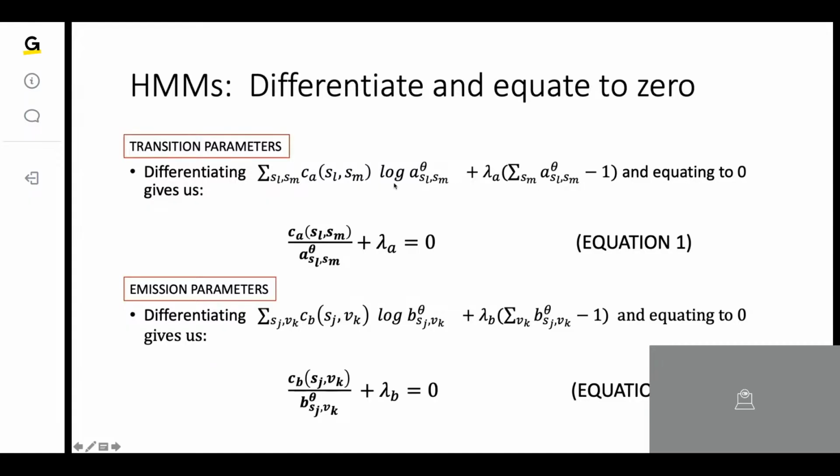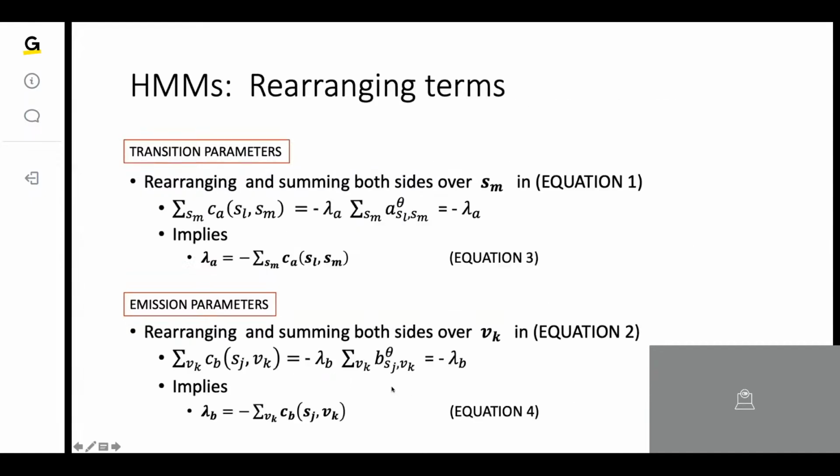So differentiating with respect to a_{sl,sm} will result in c(sl,sm) divided by a_{sl,sm} plus this factor, which turns out to be lambda_A. These are the expressions for the solution for transition and emission parameters, while lambda_A and lambda_B are the Lagrange multiplier parameters which are unknown. Let's try to estimate these parameters.